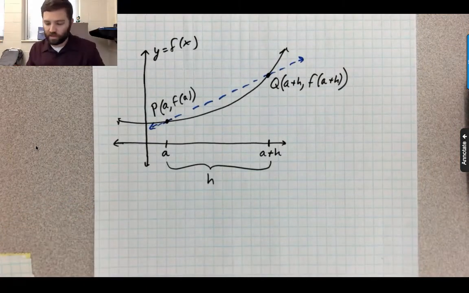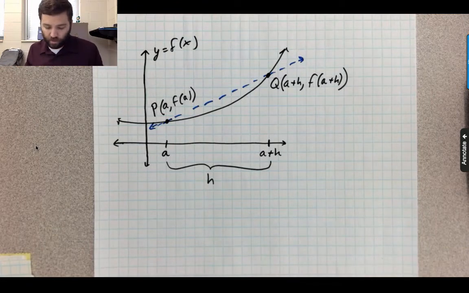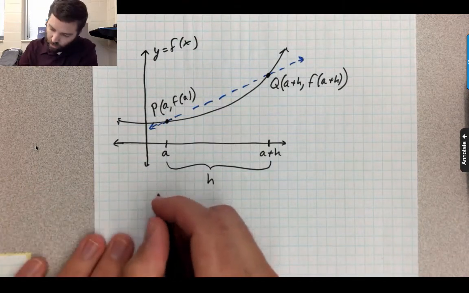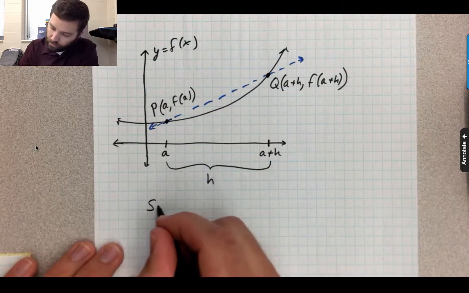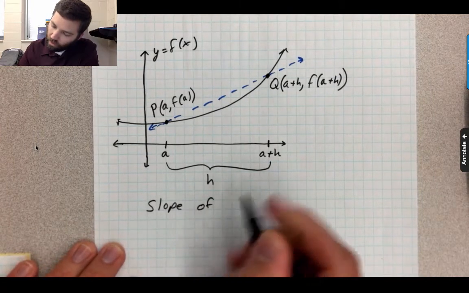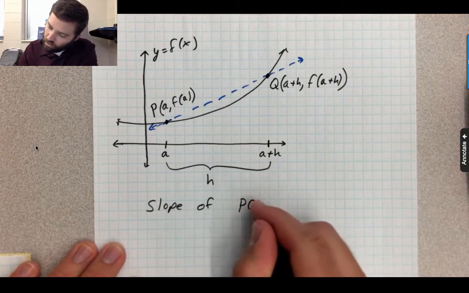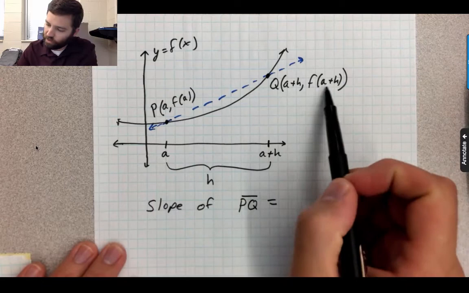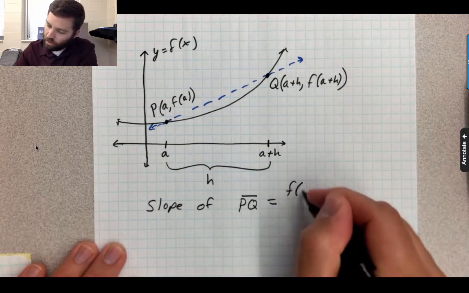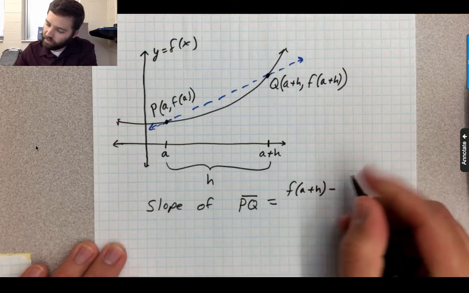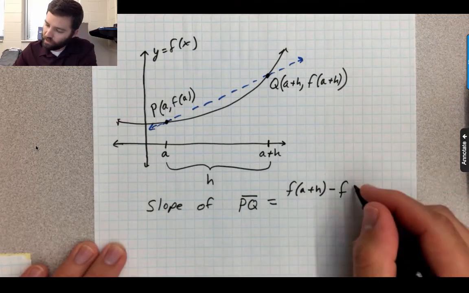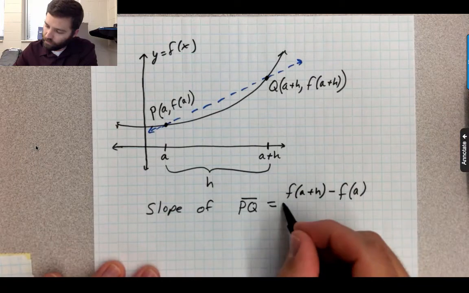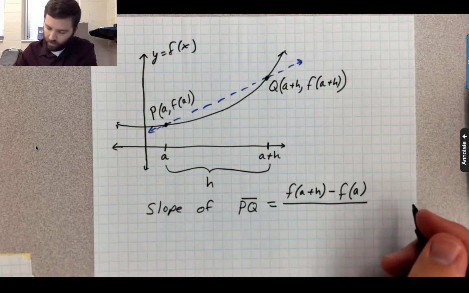And finding the slope of that is not too terribly difficult. We get two points. We use the slope formula. I'm going to write out what the slope of line PQ would be, but I'm going to write it out generally. Okay, so it would be this. The slope of PQ is equal to, all right, well, slope formula. So f of a plus h minus f of a divided by the x-coordinate.